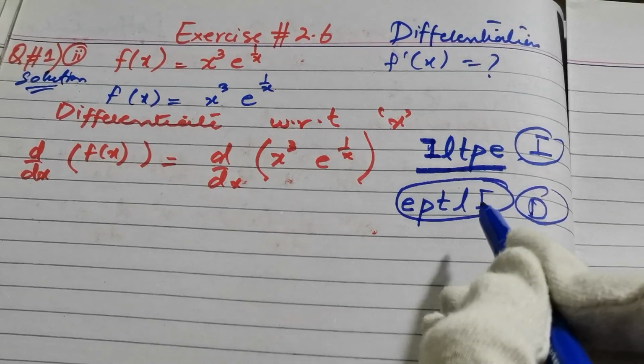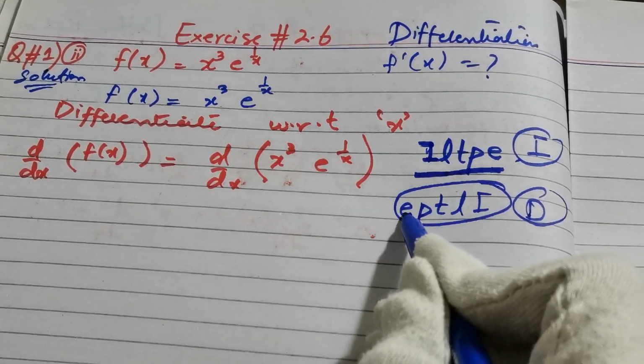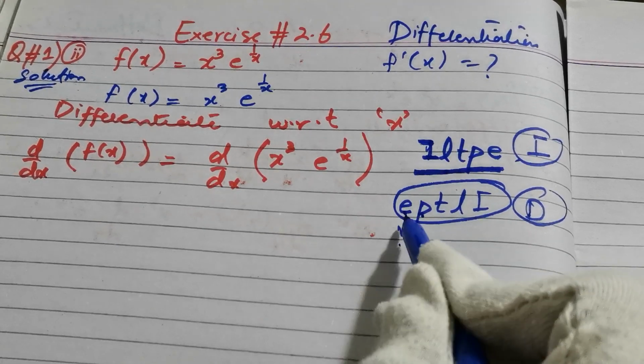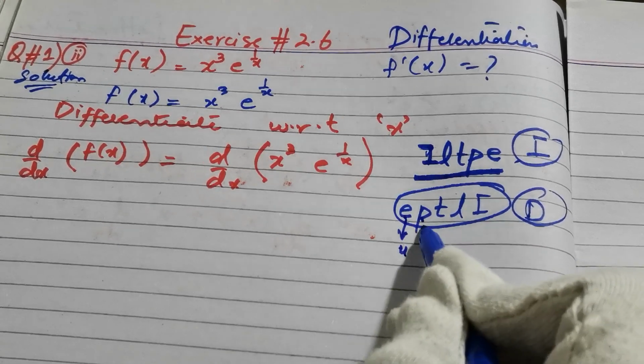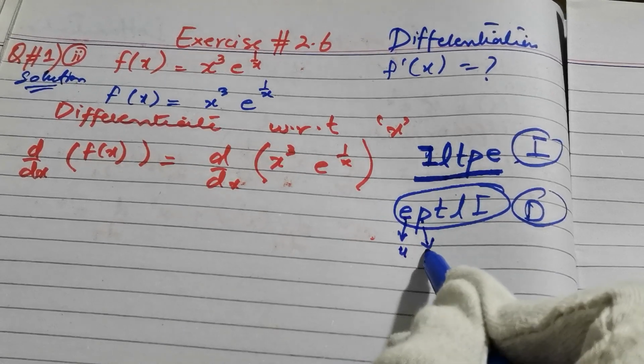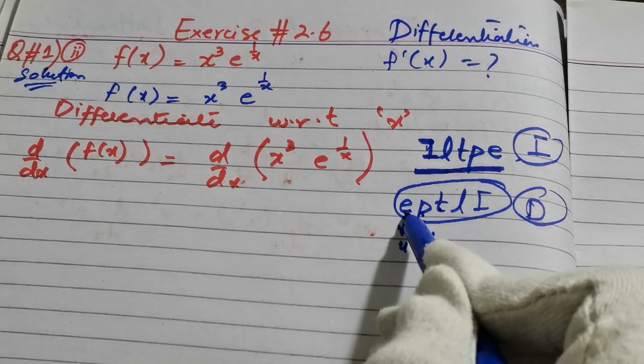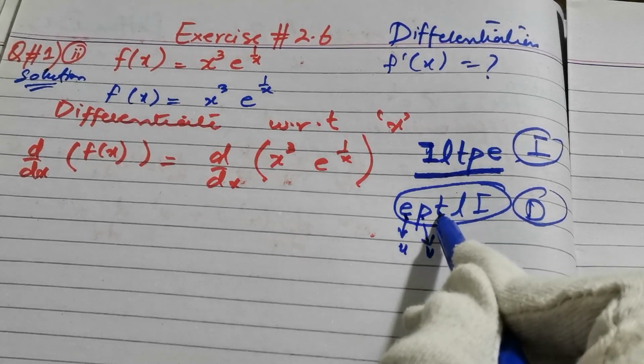So if there is exponent and polynomial, we take exponent as u and polynomial as v. If there is exponent and tan, we take exponent as u and tan as v.